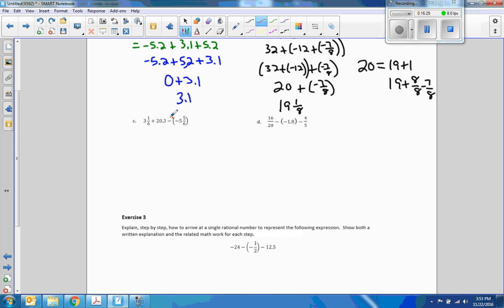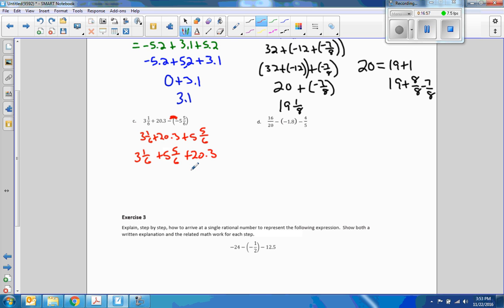Okay, the first thing I'm going to do here, I see that there's a double negative. So 3 1/6 plus 20.3 plus 5/6. That's the first step. Move the fractions next to each other. 3 1/6 plus 5/6 plus 20.3.